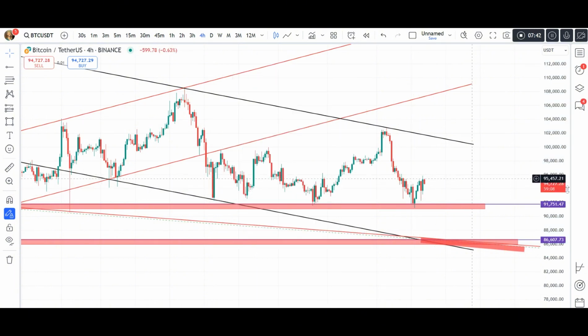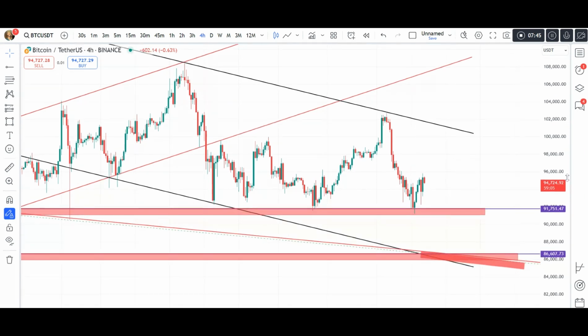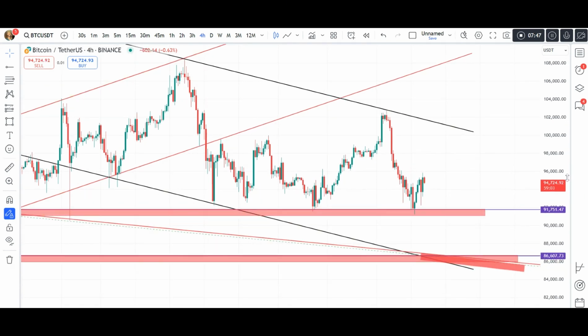So now, what's next for the markets? You see price making a fake move and at the same time rejecting it.